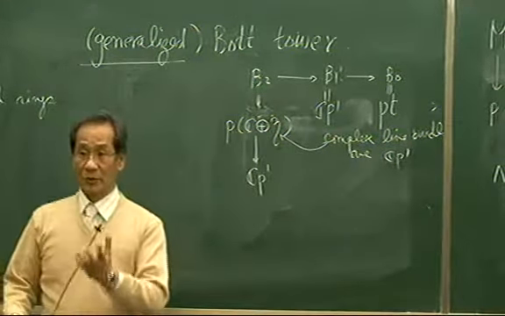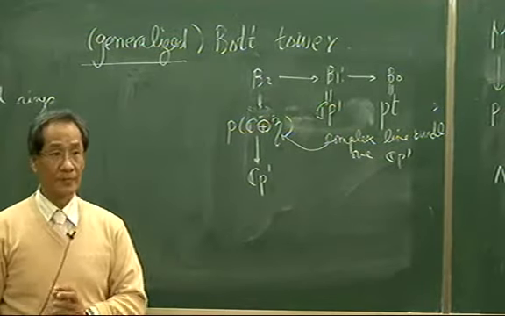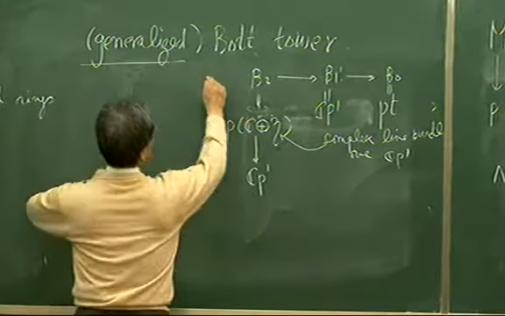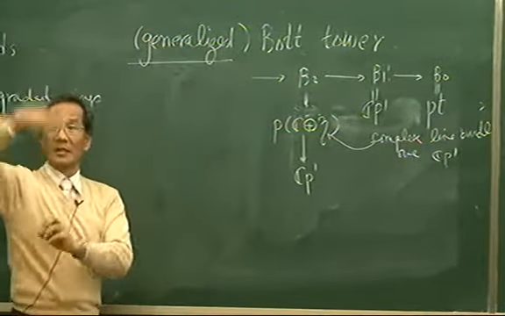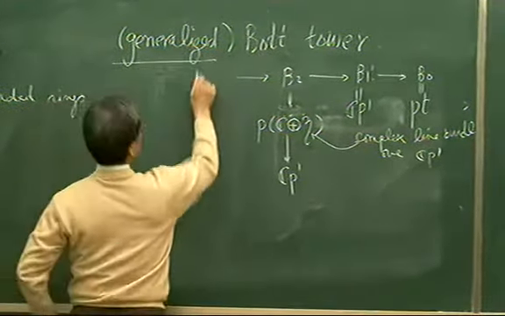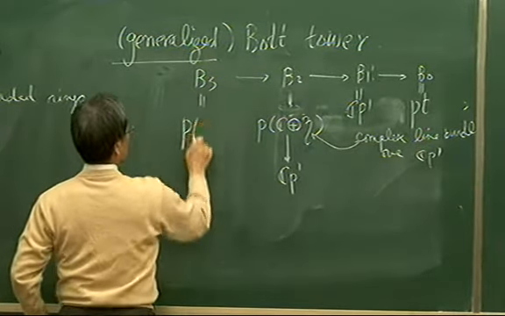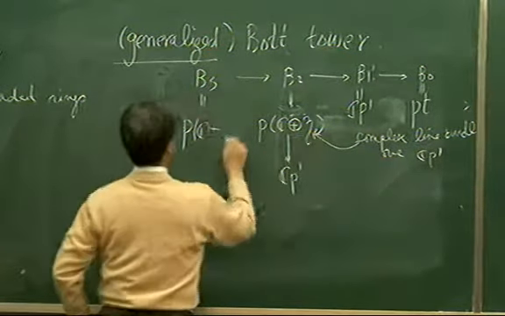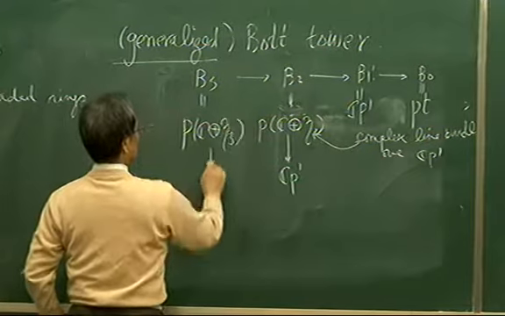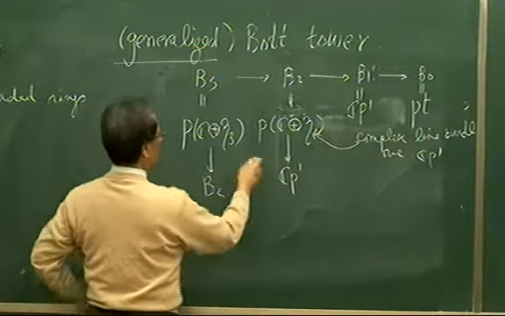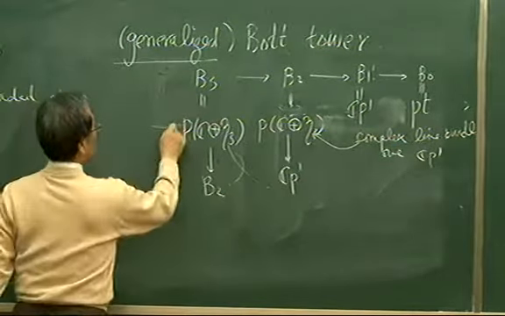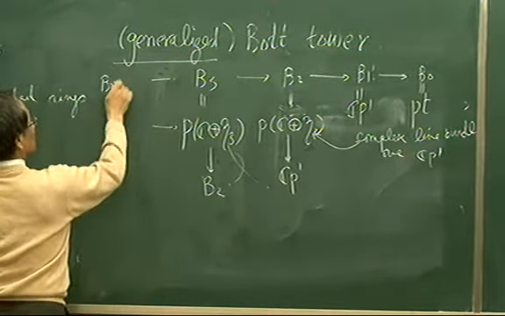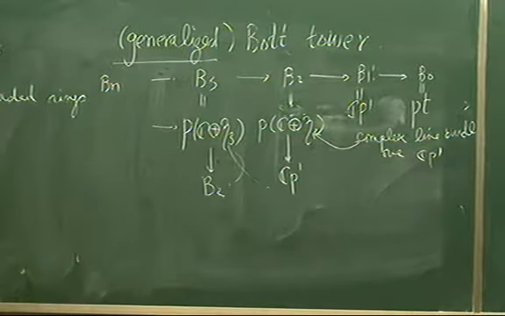So this is the S2 bundle over S2. Okay? And then you keep on doing that. So here you start with B2 and then consider another S2 bundle. So B3 is P of C plus a complex line bundle over B2. And you keep on doing that. Bn. So you have a 2n-dimensional manifold.